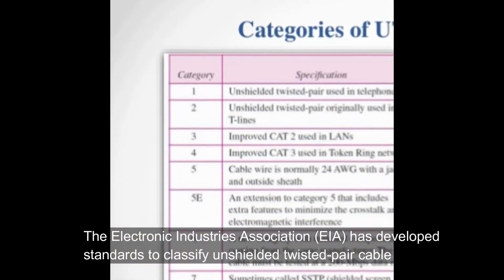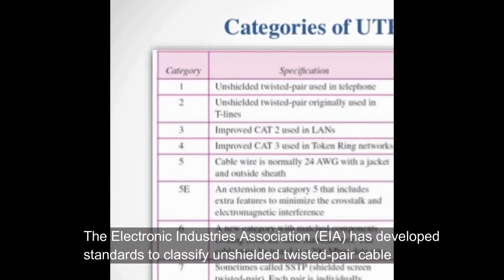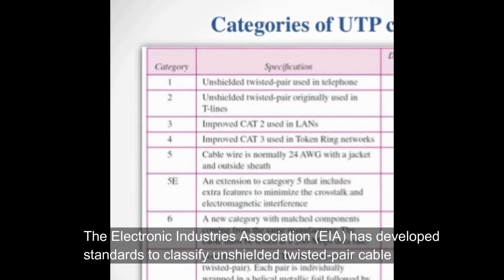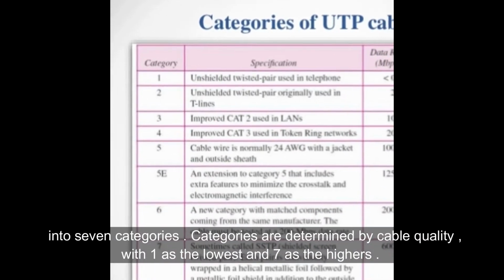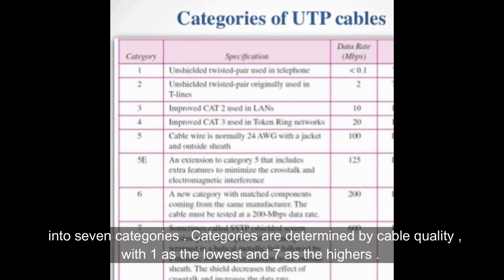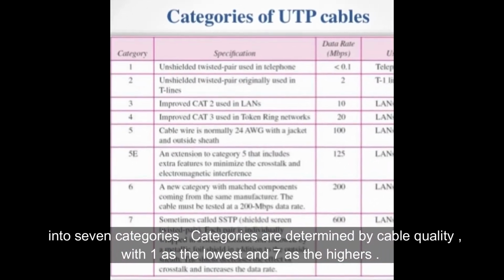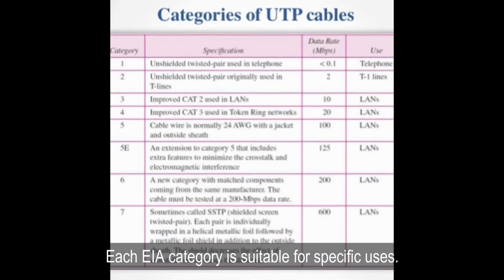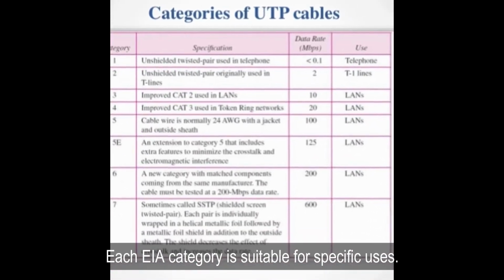The Electronic Industry Association (EIA) has developed standards to classify unshielded twisted pair cable into 7 categories. Categories are determined by cable quality, with 1 as the lowest and 7 as the highest. Each EIA category is suitable for a specific use.